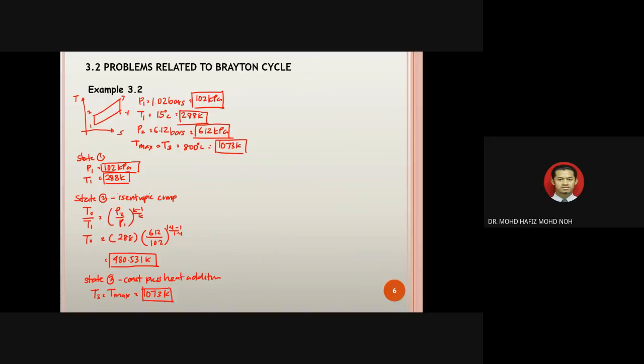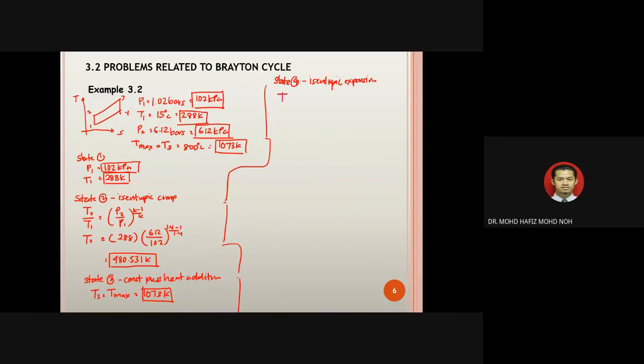Settled. Then you go to state 4, the process of isentropic expansion.